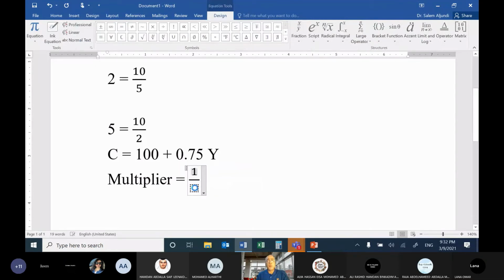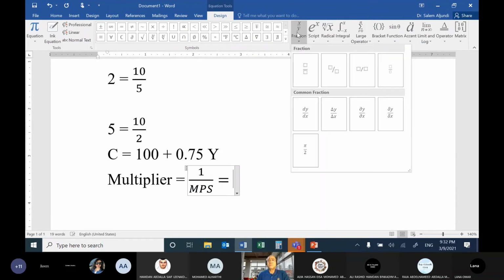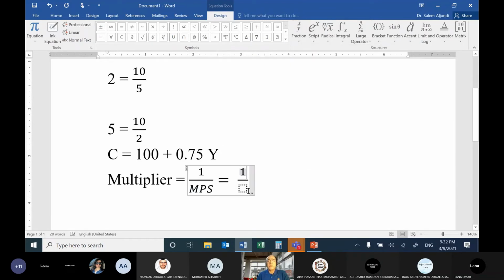I said the multiplier is 1 divided by marginal propensity to save, or 1 divided by 1 minus marginal propensity to consume. So what is marginal propensity to consume? It is 0.75.